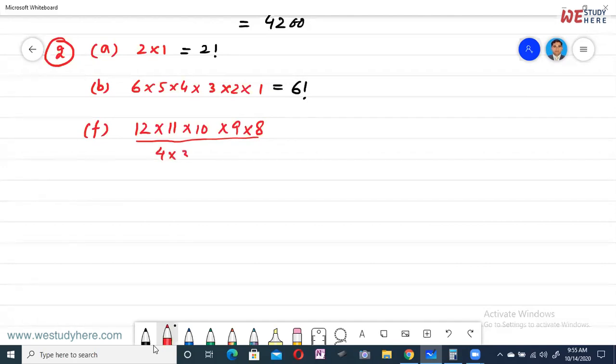In the denominator, there is no problem because 4 into 3 into 2 into 1 is 4 factorial. But in the numerator, that is 12 into 11 into 10 into 9 into 8.